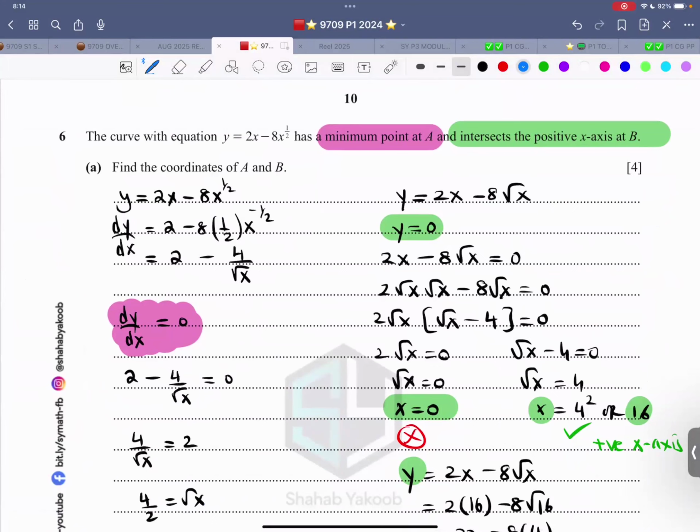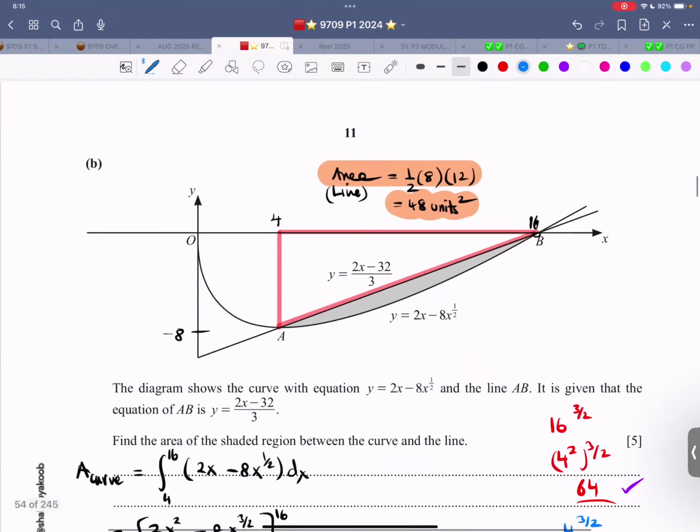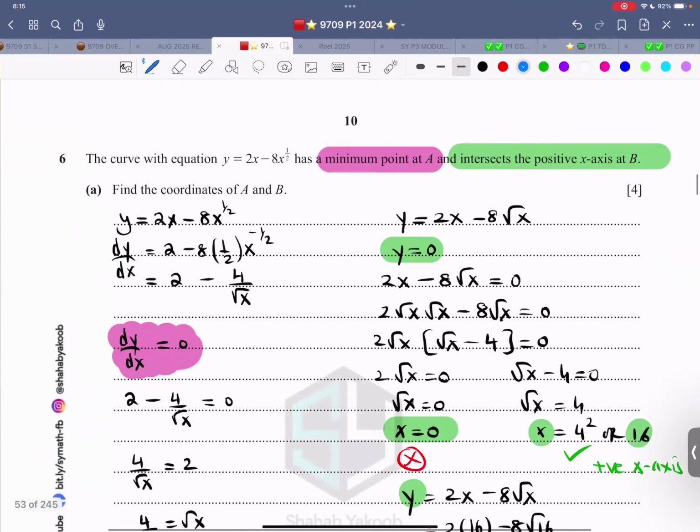Let's read the question first. It says the curve with the equation has a minimum point at A and intersects the positive x-axis at B. Again, it's an elaborate question. Find the coordinates of A and B. And then it says something to do with area under the curve. Okay, so it's differentiation and integration.